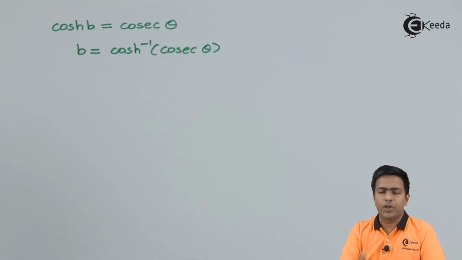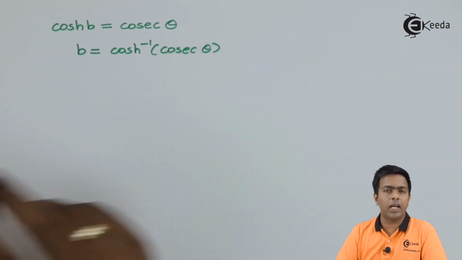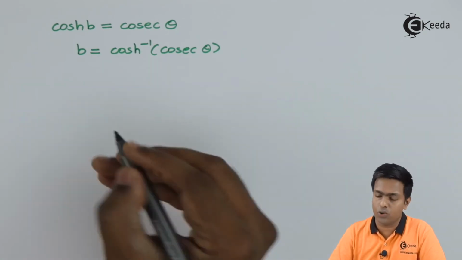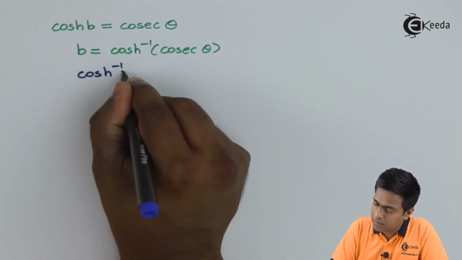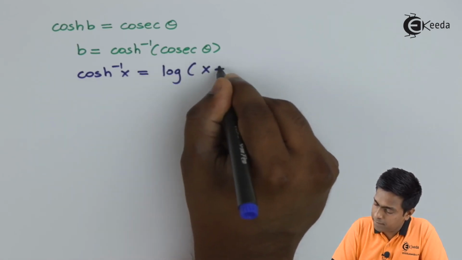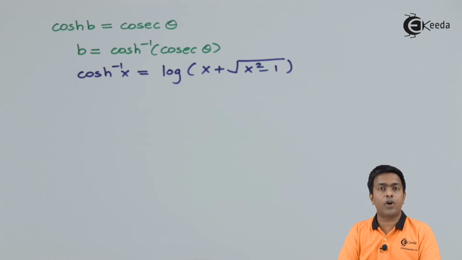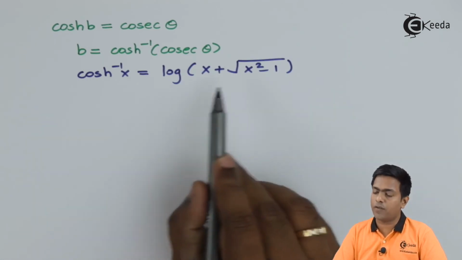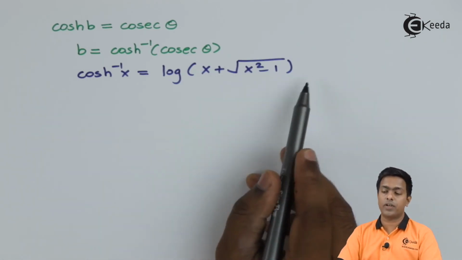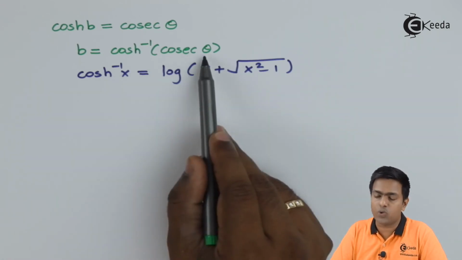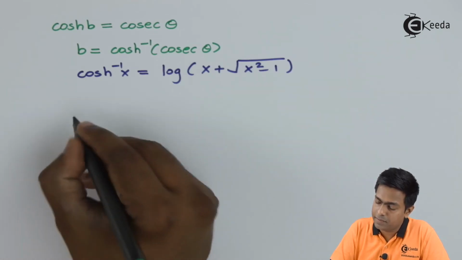Now guys, to find the value of B, I'll apply the formula of hyperbolic cos inverse of x. So we all know that the value of hyperbolic cos inverse of x is log of x plus under root x square minus 1. In this formula, I'm going to substitute x as cosec theta.